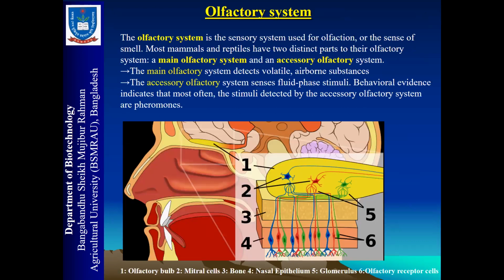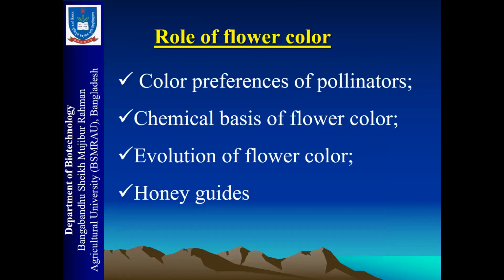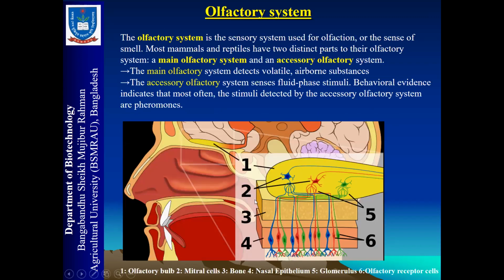Here is the olfactory system. In our nose, here you can see, the olfactory system is the sensory system used for olfaction, the sense of smell. To get the sense of smell is called the system of olfaction. Most mammals and reptiles have 2 distinct parts of their olfactory system: main olfactory system and accessory olfactory system.